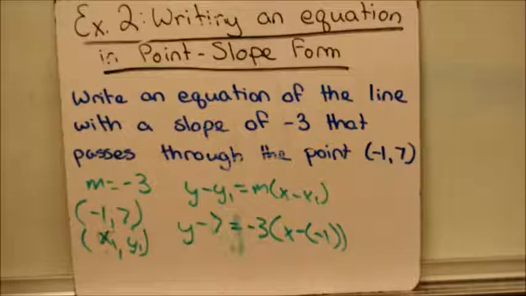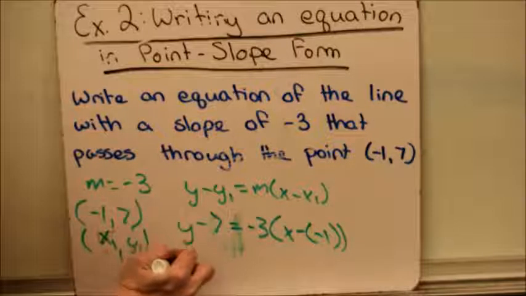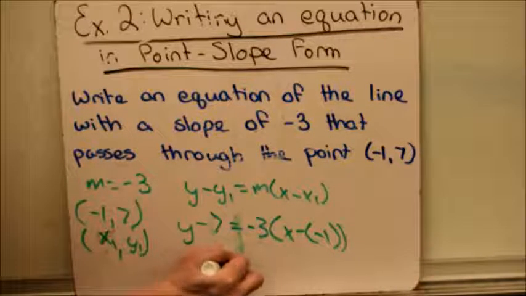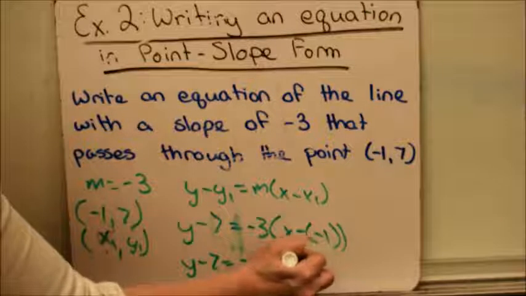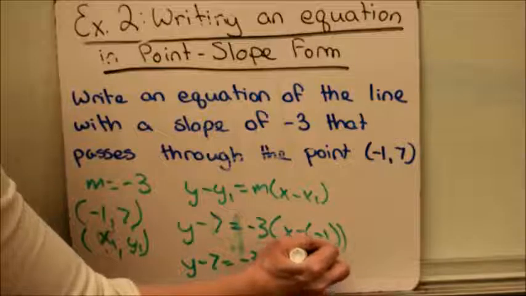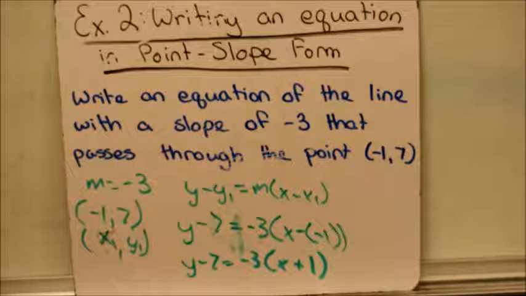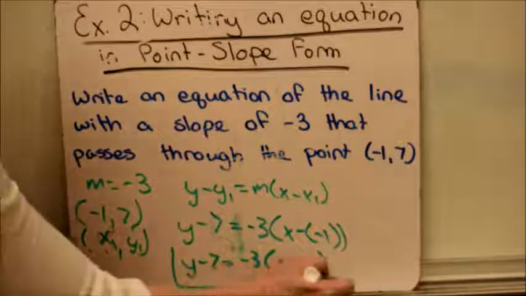And we can clean that equation up a little bit. y minus 7 equals -3 times (x minus -1), which is the same thing as saying x plus 1. And that would be your final answer.